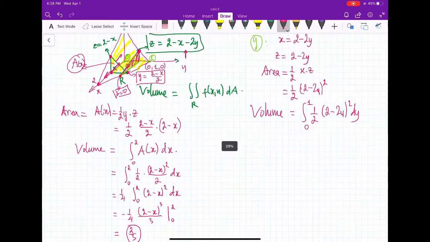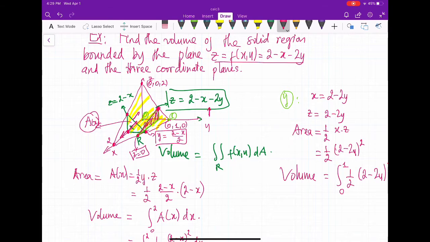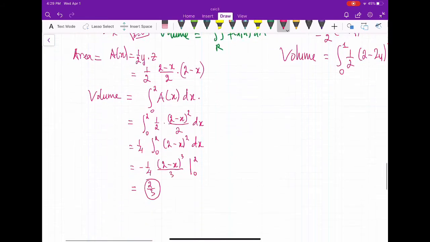Makes sense to us. Now, let's compare this with the iterated integrals we learned in the previous video. It seems like when we consider cuts, we fix x or we fix y. Do you remember that? When we write integrals in different orders, dy dx and dx dy. Let me remind you about that.